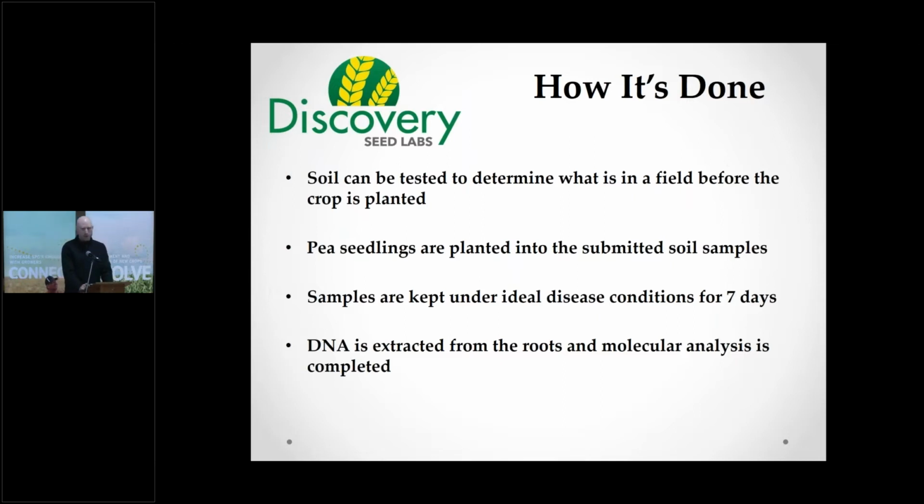We take week-old pea seedlings and plant them in the soil that's submitted to the lab. We keep them under ideal disease development conditions for 7 days. At the end of the 7-day time period, we take those roots out of the soil, extract DNA from those roots, and then run our molecular analysis on that to determine whether it's been infected with the pathogen during that time.